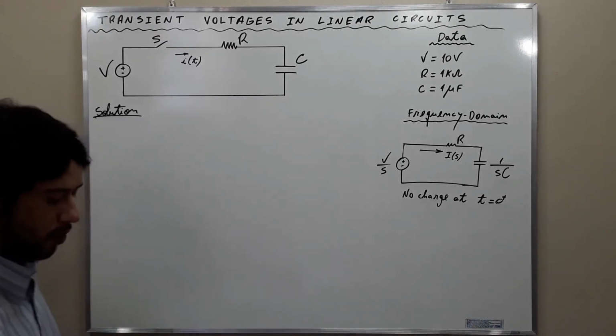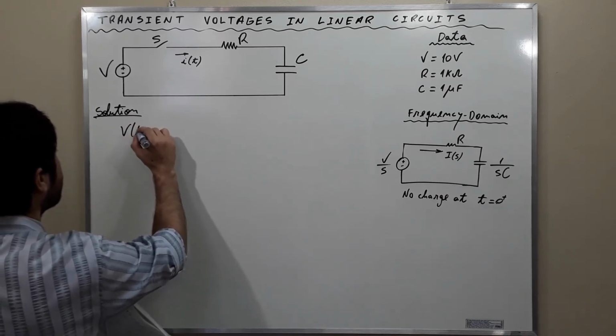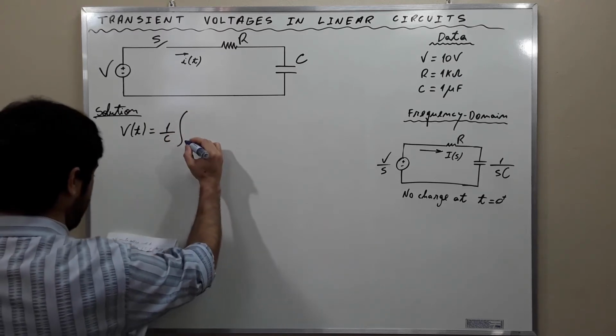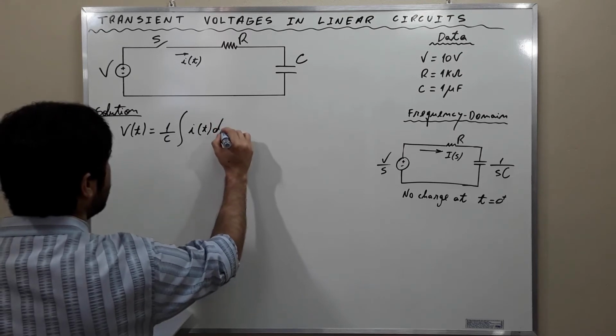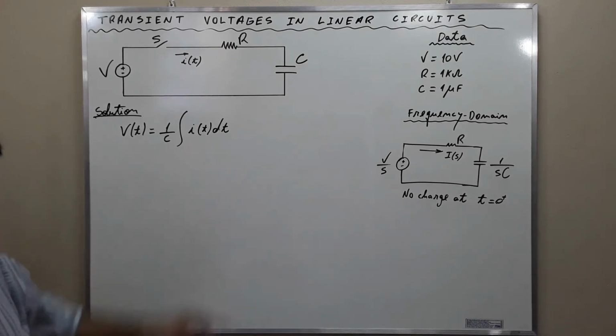The capacitor voltage will be one over C times the integral of I of t dt.